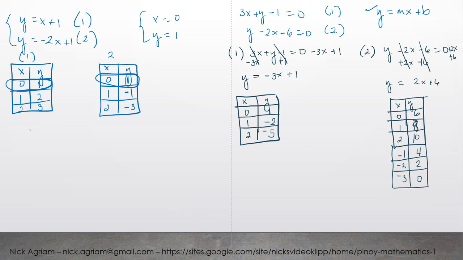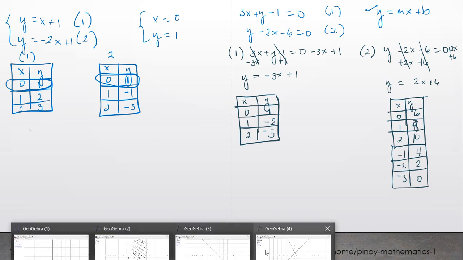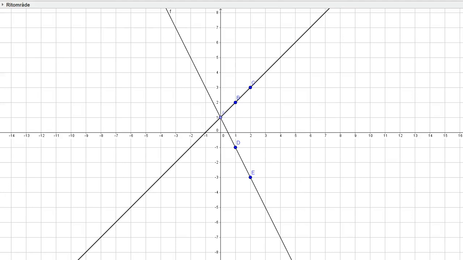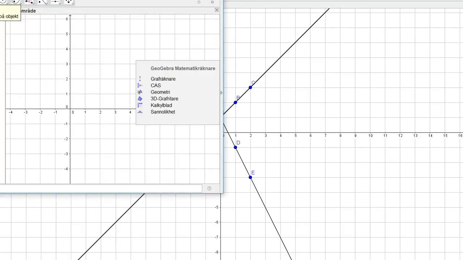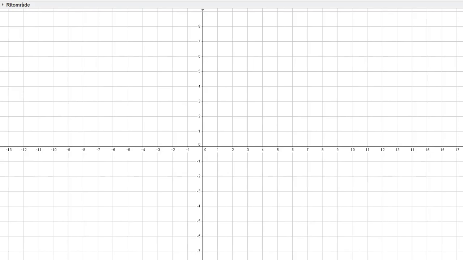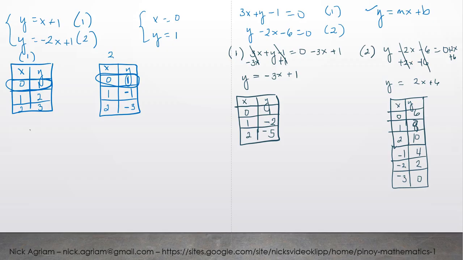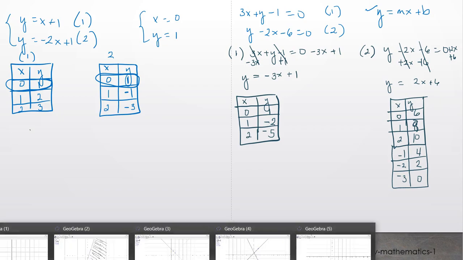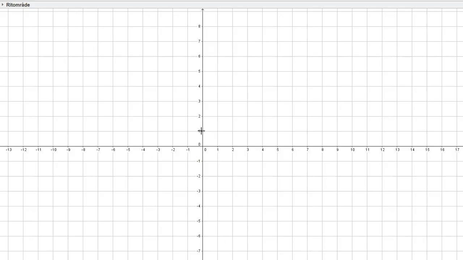Okay, let's plot. New window. And let's see if we remember. No, I don't remember. Okay, 0, 1, 1, negative 2, 2, negative 5. 0, 1, that's my point. 1, negative 2, 2, negative 5.